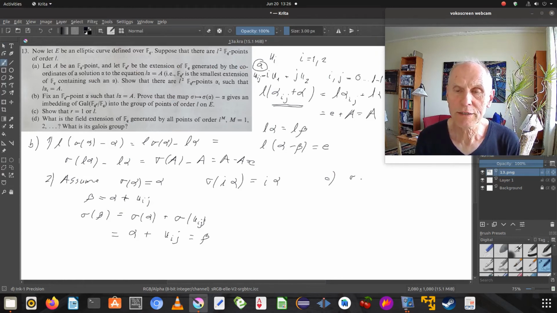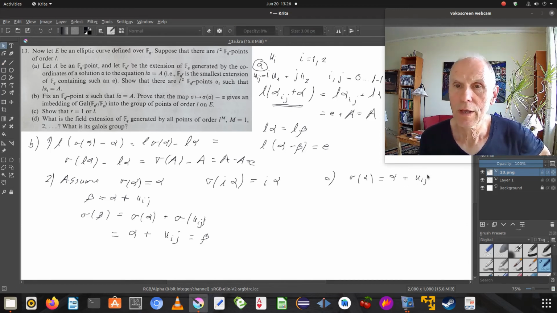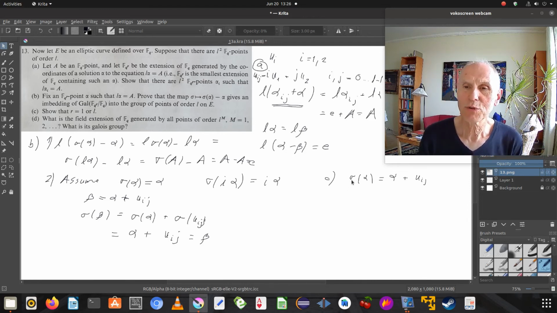So we write sigma of alpha equals alpha plus an element of order L, which depends upon sigma, doesn't it? Yes, definitely. It's unique for sigma. Now, to find the order, let's try to compute sigma squared.